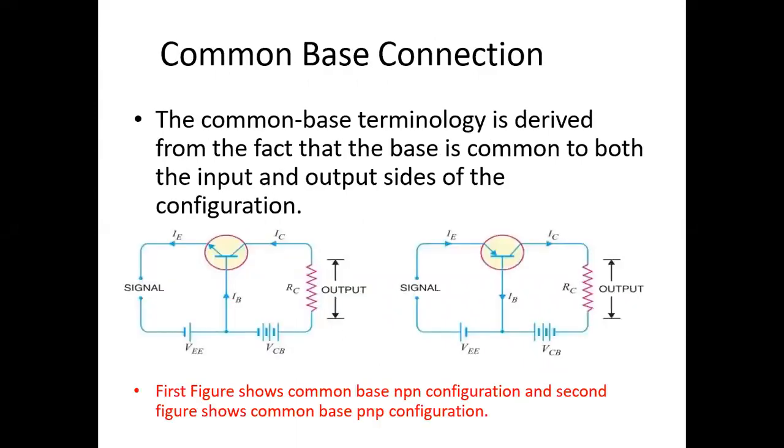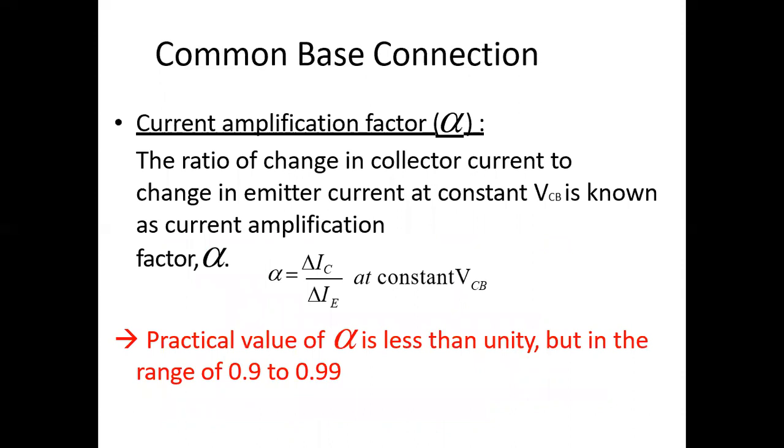In common base connection, the base-emitter circuit is in forward bias, and the collector-base circuit is in reverse bias.